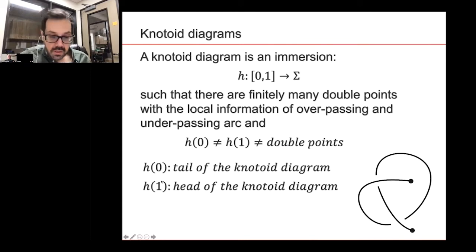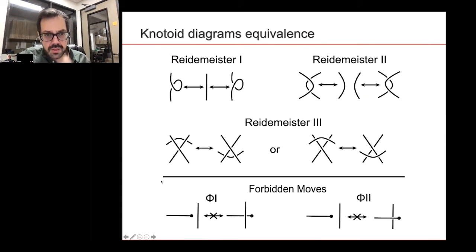One step forward is, now that we have a definition, we can define equivalence relations. We can do Reidemeister moves, but they have to be away from the endpoints of the diagram, as long as these Reidemeister moves respect the forbidden moves. So we can deform the diagram, but we have to keep the endpoints in the region that they lie.